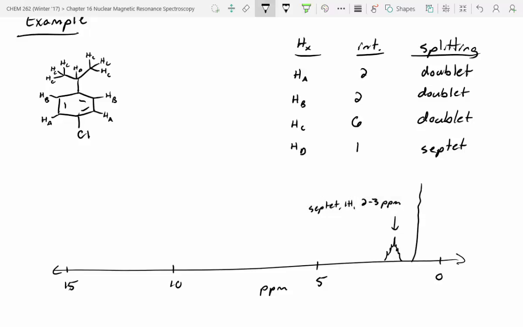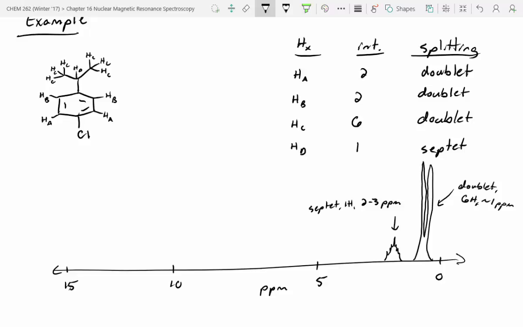And this doublet's going to be significantly bigger than our septet. And this will be a doublet, 6H, approximately 1 ppm.